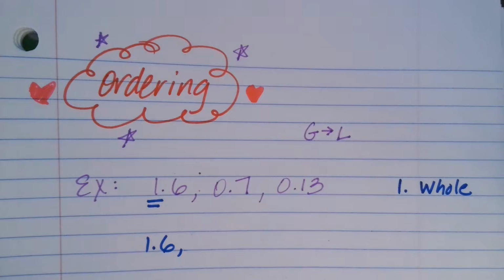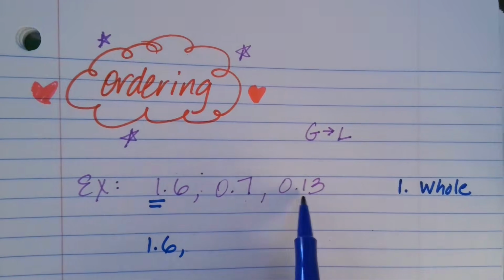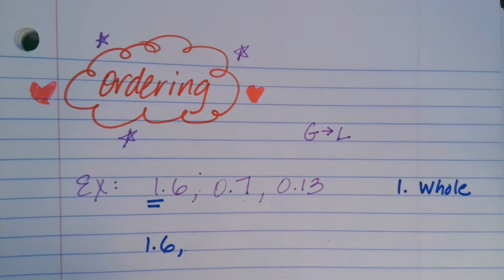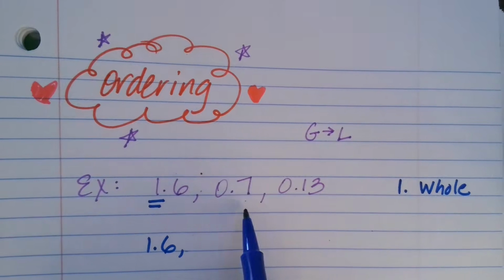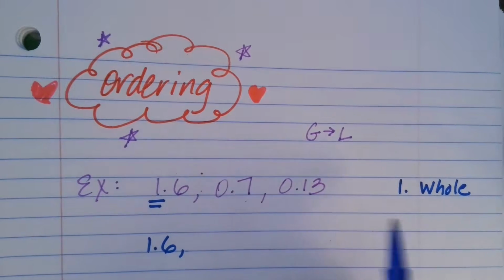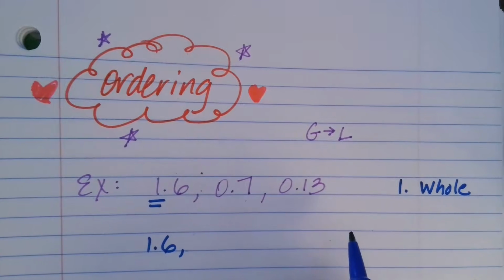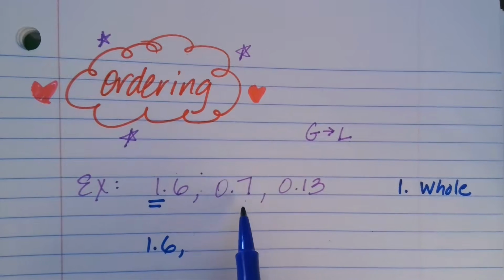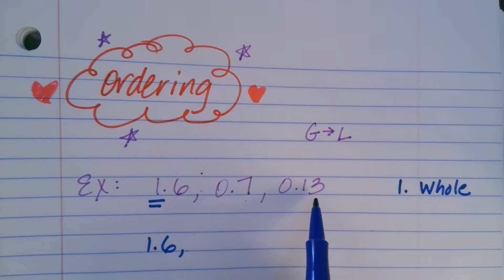What else would I do next? I'm left here with 7/10 and 13/100. Nehemiah? I'm going to go for 7/10. Why? Because 7/10 is bigger pieces than the rest. This is 13 small pieces. Immediately, I think half of this is 5, and half of this is 50.